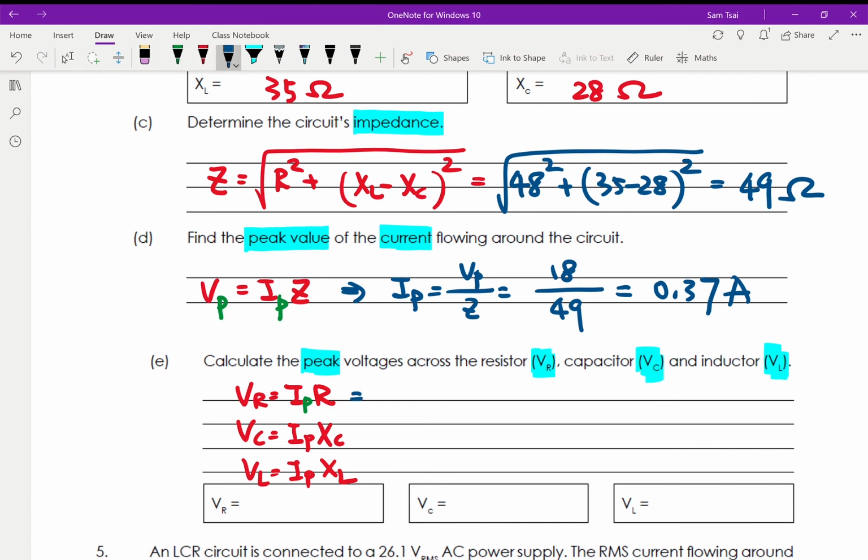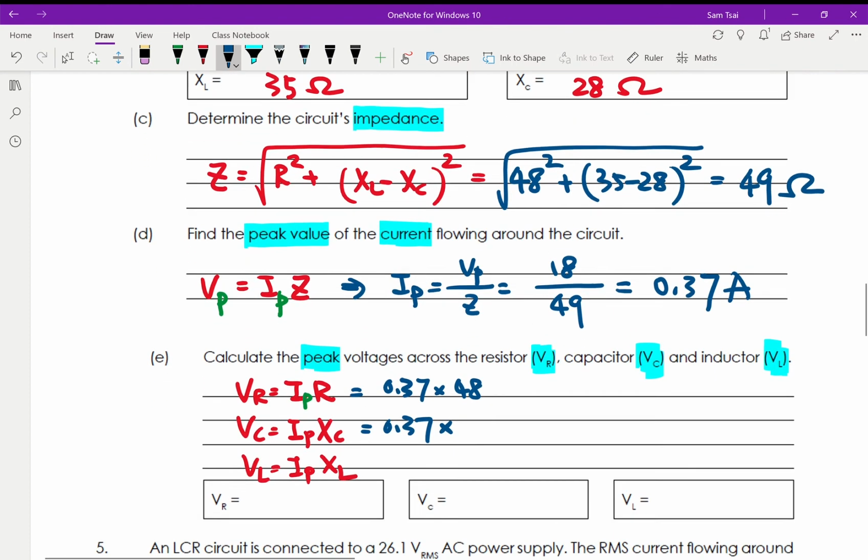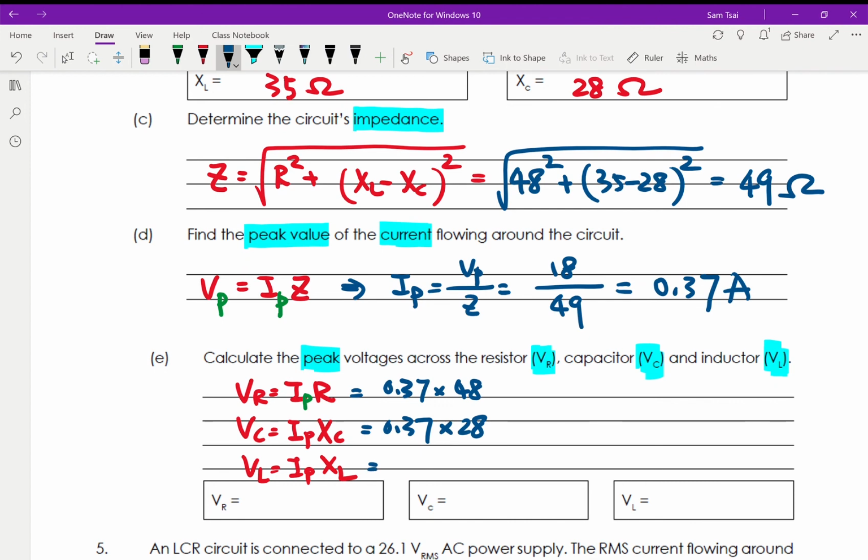Now we can put in the numbers, it's easy. IP is 0.37, R is 48, XC is 28, and XL is 35. From the calculator, VR is 17.8, VC is 10.4, and VL is 12.8.